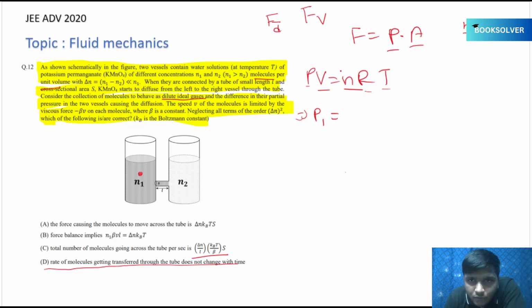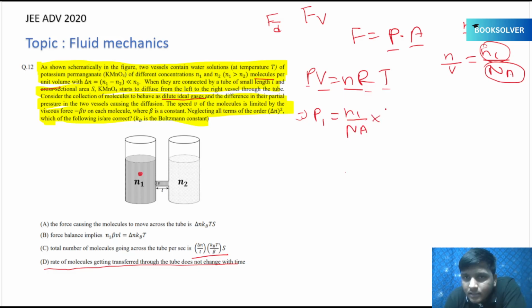So n by V will be equal to N1 by Na, as N1 is the number of molecules, and if we divide it by Avogadro number, we get the number of moles. So n by V we can write as N1 by Na times RT.